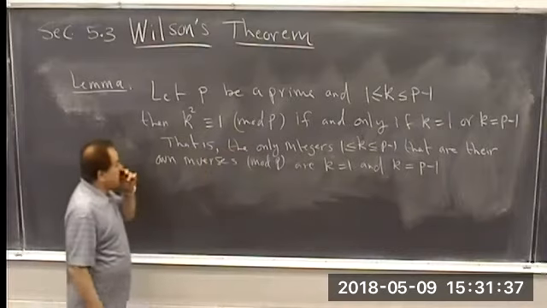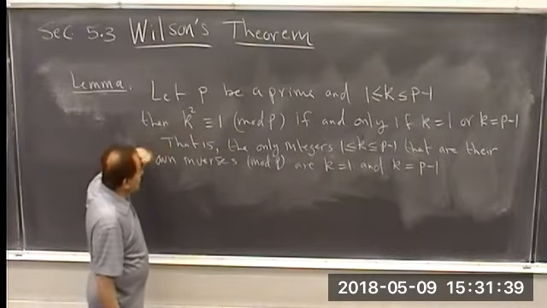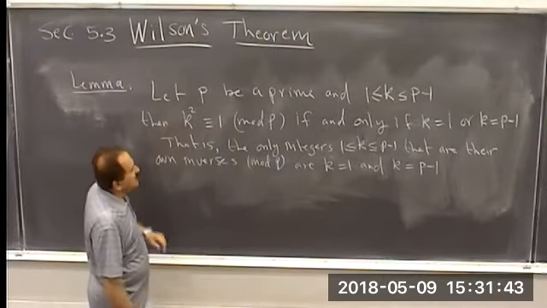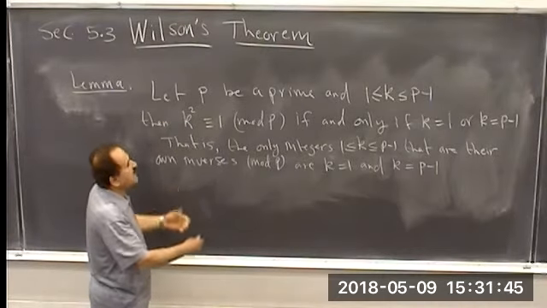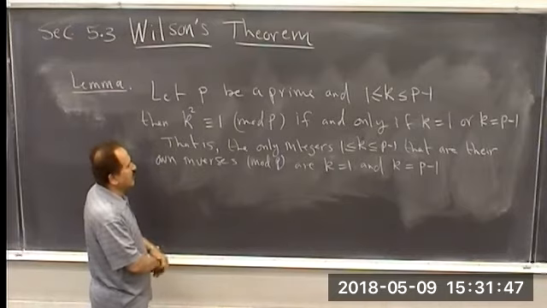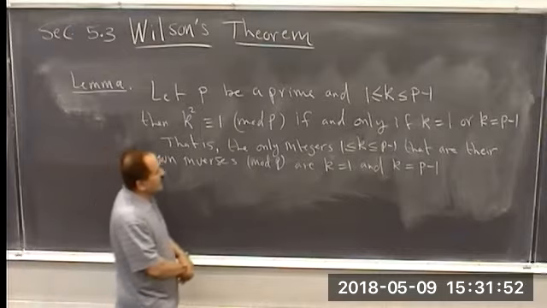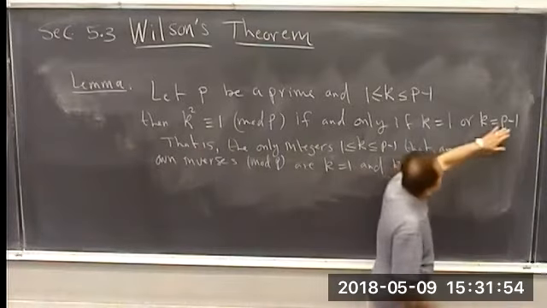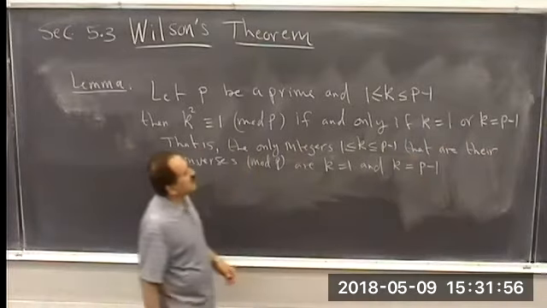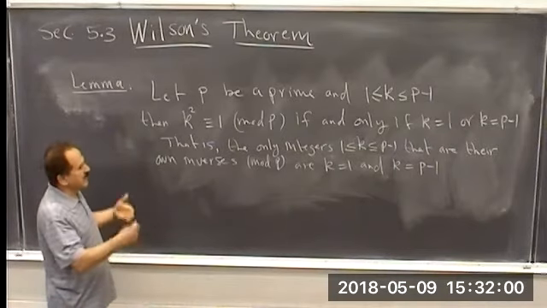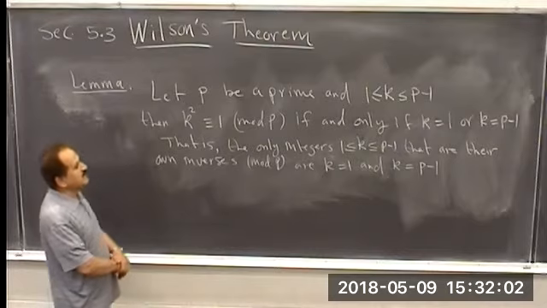Well, what does this mean? When we say k squared is congruent to 1 holds for k equal to 1, it means 1 times 1 is the identity, which we of course know for actual numbers. The other possibility is k equal to p minus 1. When you square that, you come up with 1, which means that p minus 1 times itself is equal to an identity in some sense.